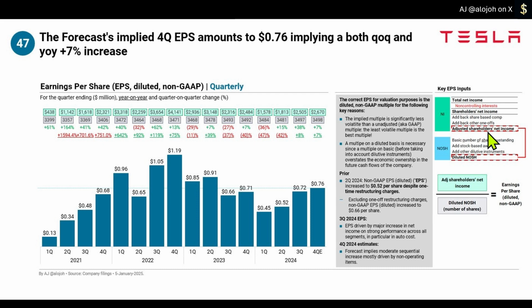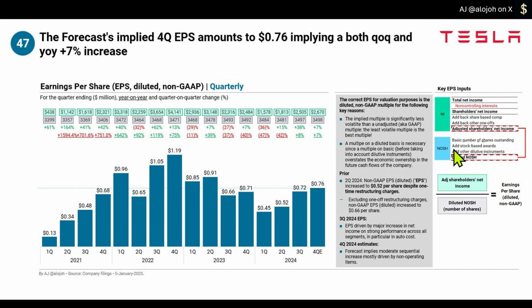And then you have to have the diluted NOSH. For the diluted NOSH, you simply add the basic number of shares outstanding. You add back all the stock awards and other dilutive instruments. For example, there are certain types of debt, typically called hybrid debt, which could be dilutive, and calculating their dilutive effect can sometimes be a bit tricky.